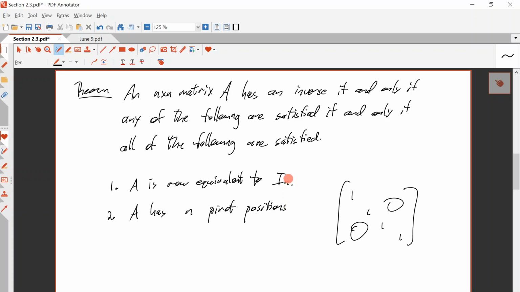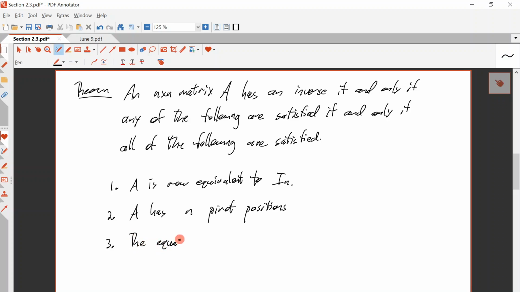If A row reduces to In, it means A has n pivot positions. If A has n pivot positions, then A row reduces to In. These are just two ways of saying the same thing. But again, these are things that we've all gone over already. Some of the equivalencies are less obvious than others, but here they are.